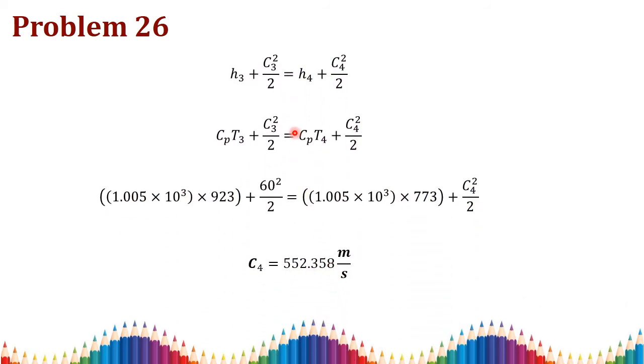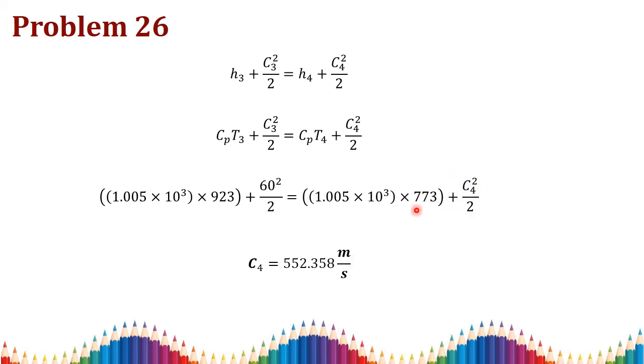Now supply all the values, replacing H3 as Cp into T3 and H4 as Cp into T4. Substitute 1.005 into 10 to the power of 3 into 923 plus 60 square by 2, which is equal to 1.005 into 10 to the power of 3 into 773 plus C4 square by 2. Only one unknown term is C4.